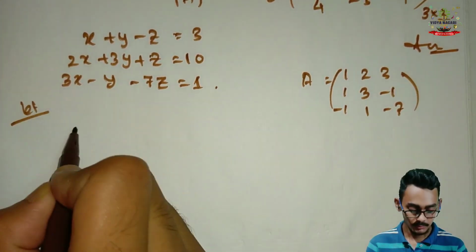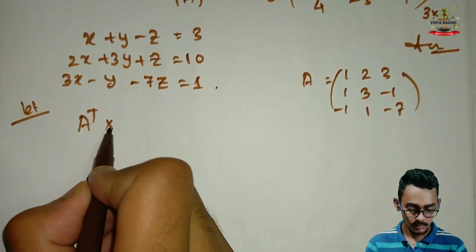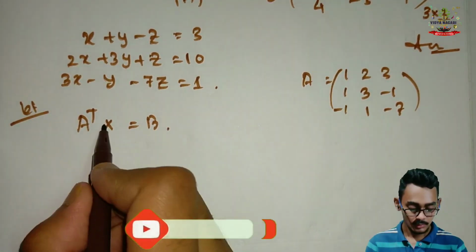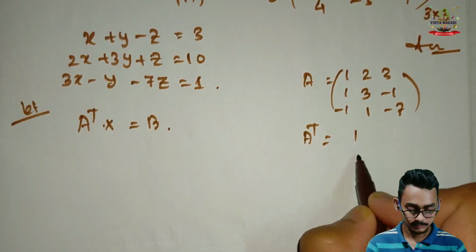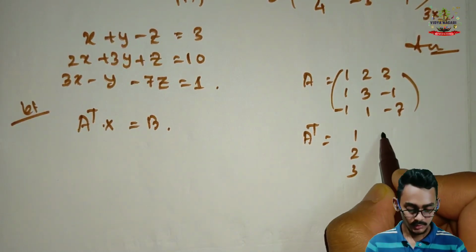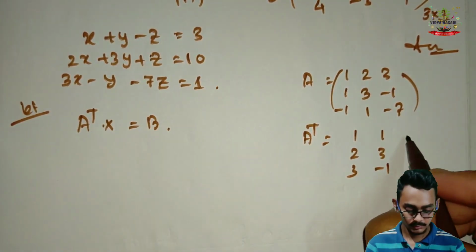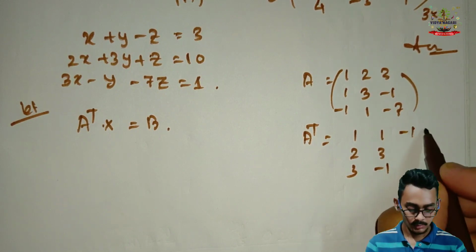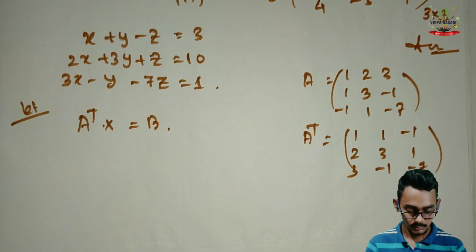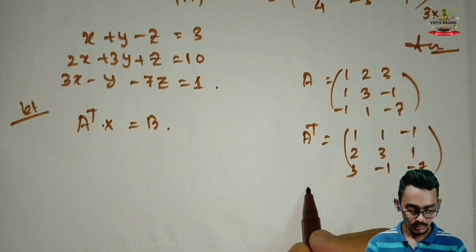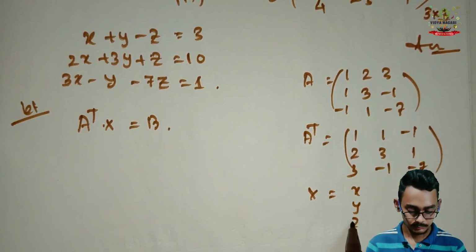Let us write A transpose x equals b, where A transpose equals 1, 2, 3, 1, 3, minus 1, 1, 3, minus 1, minus 1, 1, minus 7. And our x is x, y, z.